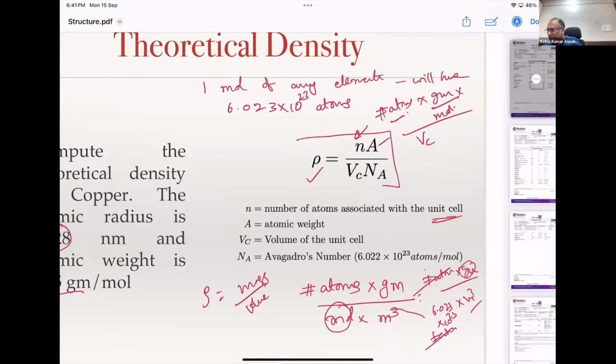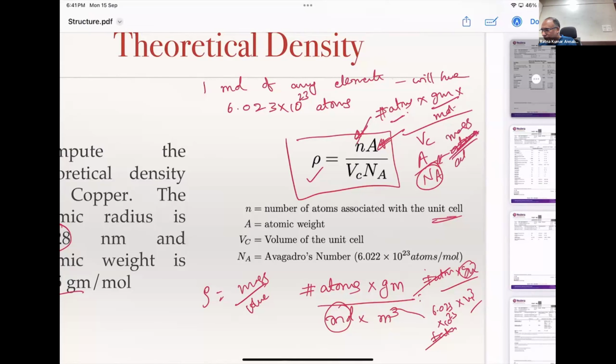That is what this formula is: number of atoms per unit cell times atomic weight, divided by Avogadro's number. 6.023 into 10 power 23 is your Avogadro's number. Atomic weight divided by Avogadro's number gives you the mass per atom.